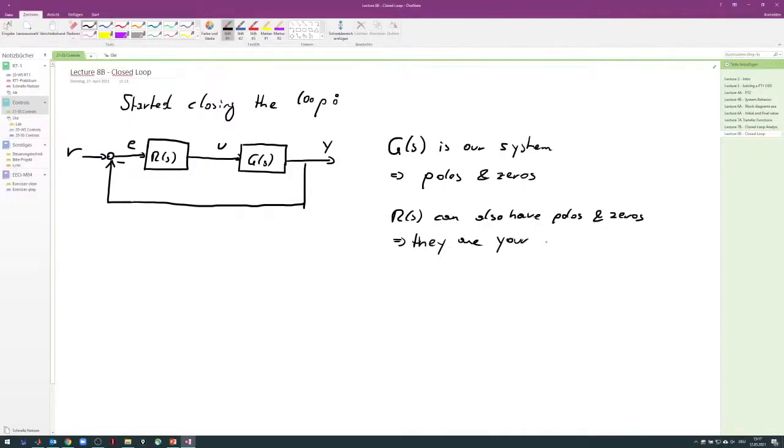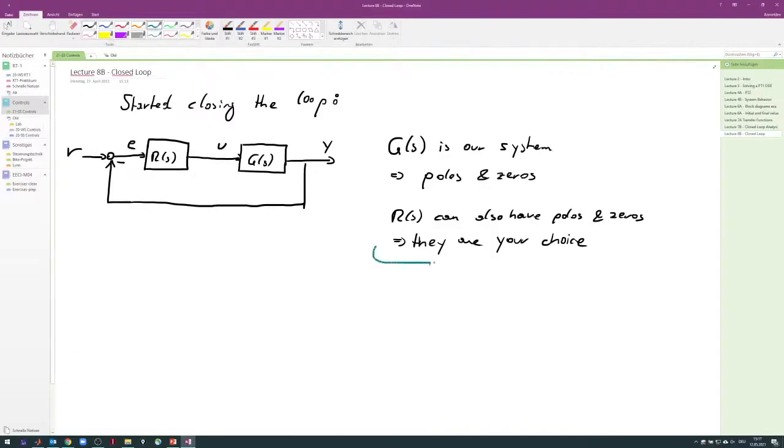Actually, I write your choice, right? So you can decide how the controller looks like and what poles it should have. But how is the question, right?